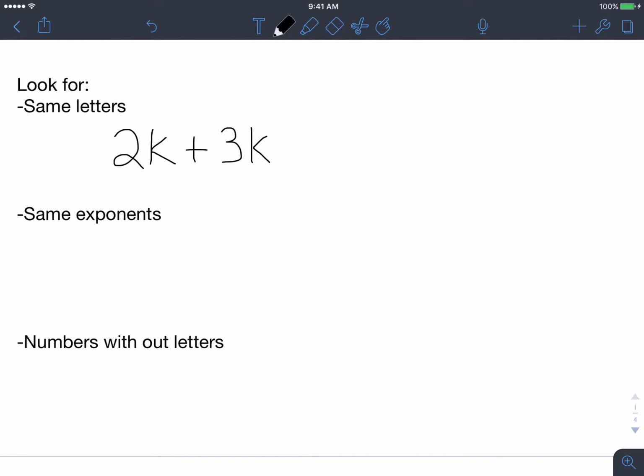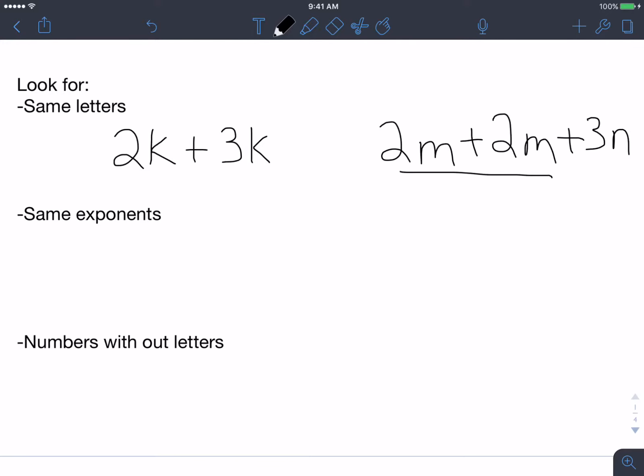Or we are looking at, we would be able to put our M's together, but not put the N together.